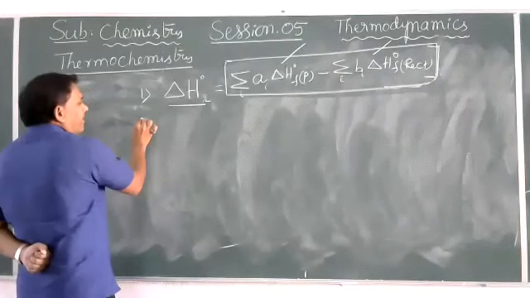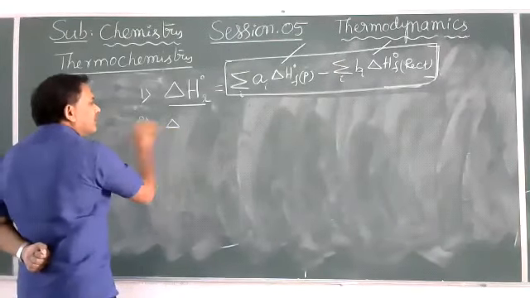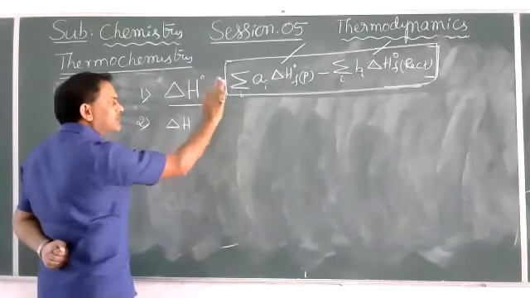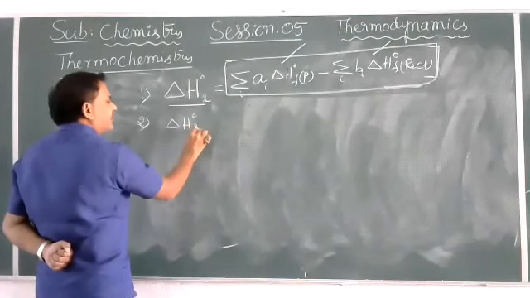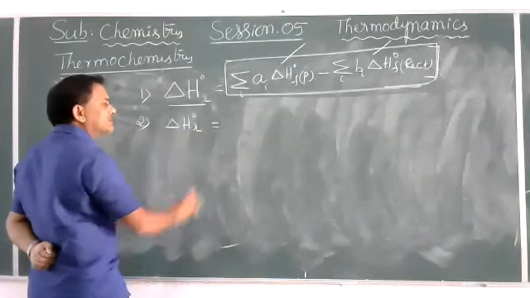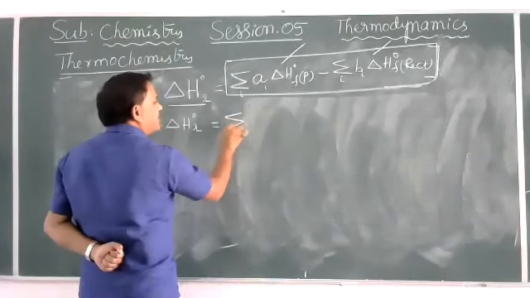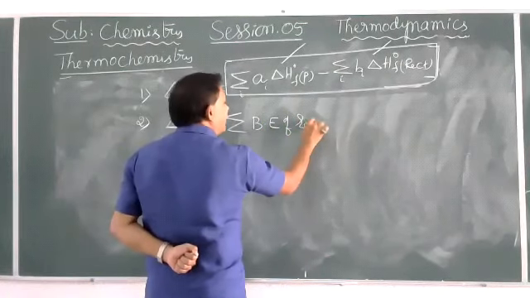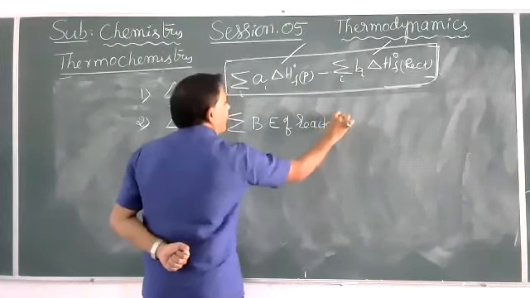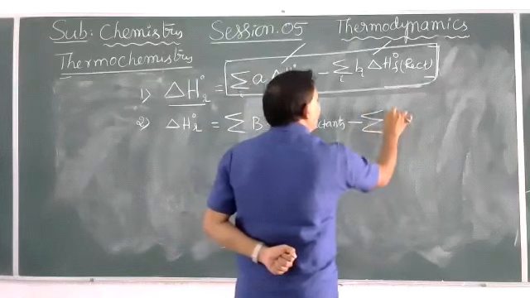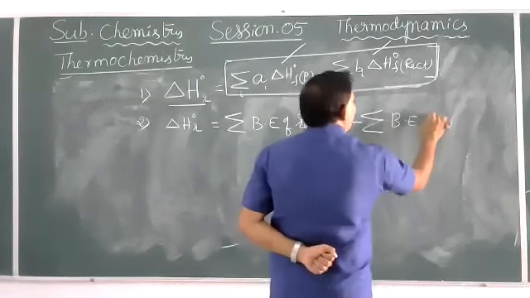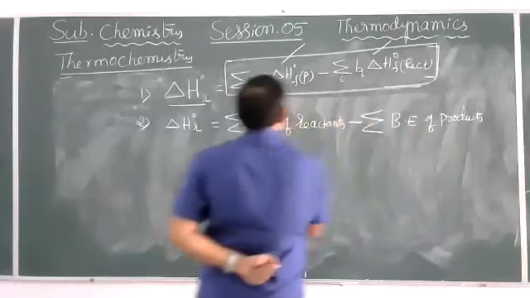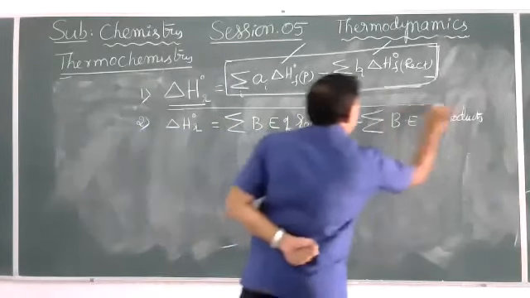The same way, if they give the bond energies, if the reaction is in gaseous state, in such cases the enthalpy of the reaction is generally calculated as the summation of bond energies of reactants minus the summation of bond energies of products. Just identify these two important formulae.